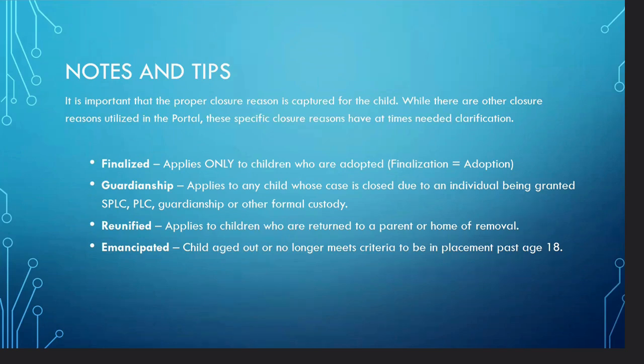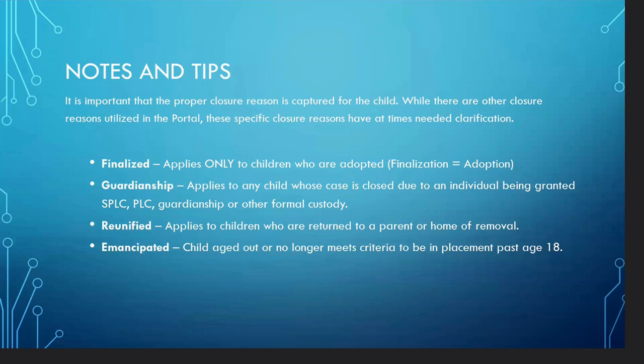Reunified as a closure reason applies to children who are returned to a parent or home of removal. This would be the child returning to the home of the parent or guardian with whom they were living prior to agency involvement. This reunification may or may not coincide with the termination of court supervision.